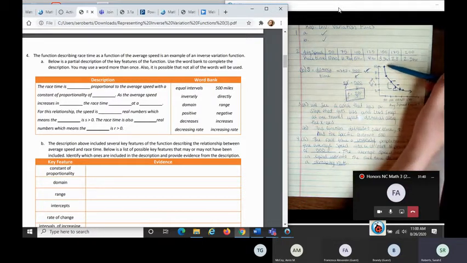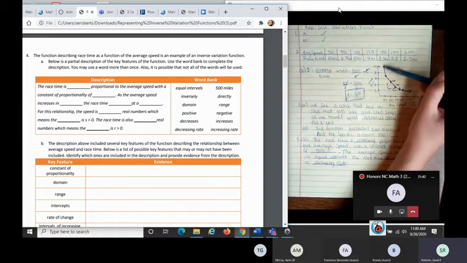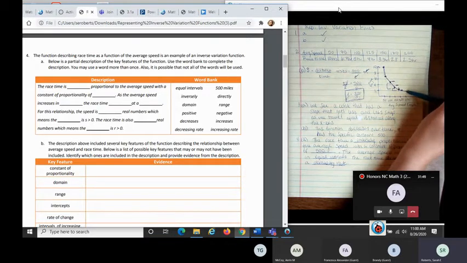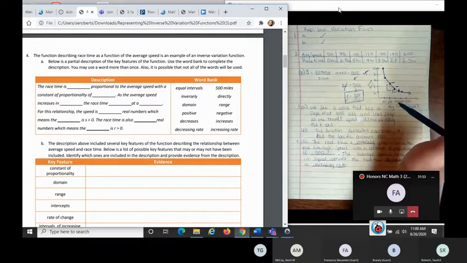We're decreasing the whole time we go, right? We're always going down, but we're going down fast at first, and then we're going down slow. So we're decreasing the rate at which we are decreasing. Is that clear to everybody? Yes.